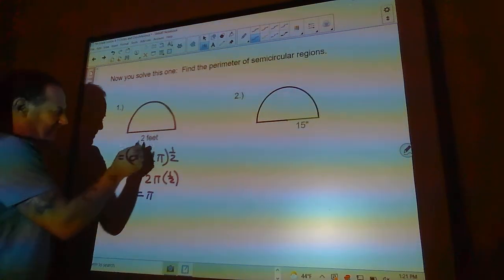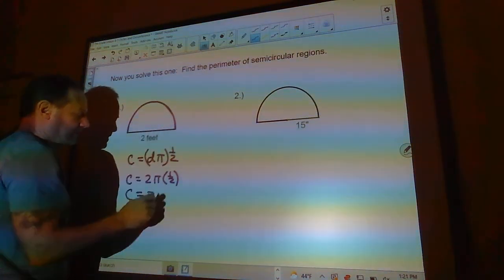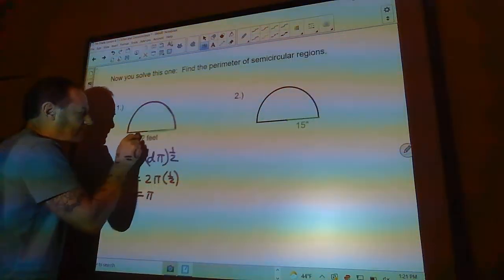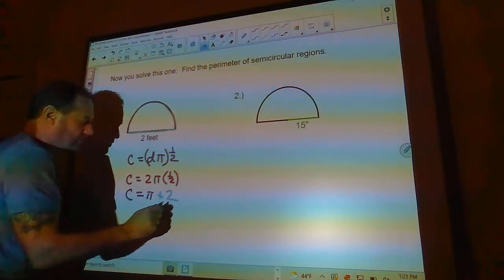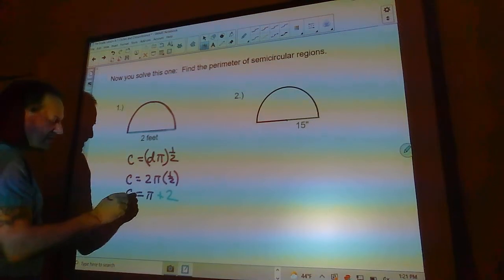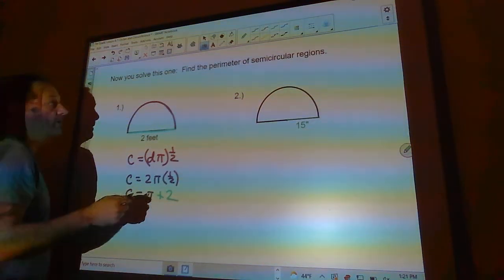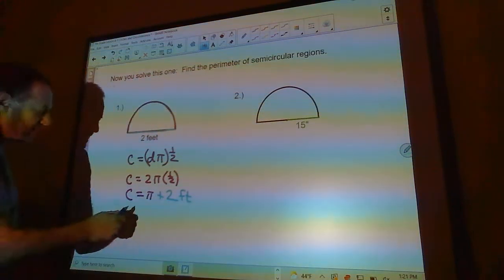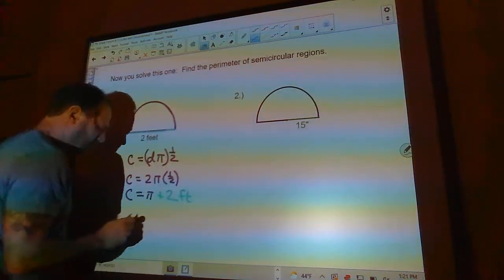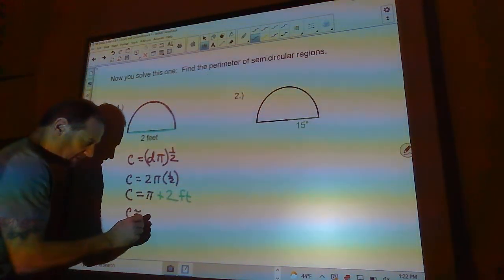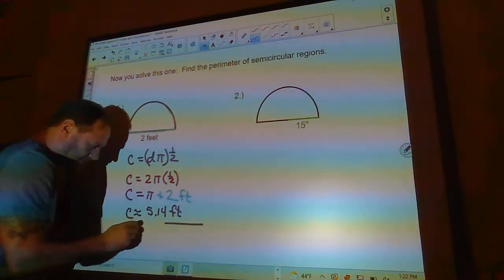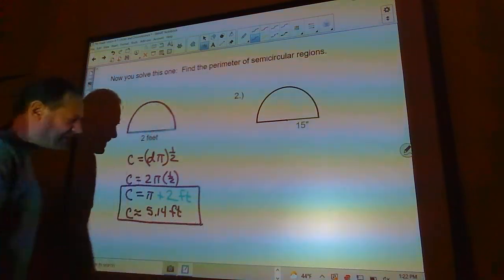Okay, and then I got to add the 2 feet for this part right here. Plus 2. So this is my exact answer right there. Pi plus 2 feet. And since pi is 3.14, this is approximately 5.14 feet. So there's my answers.